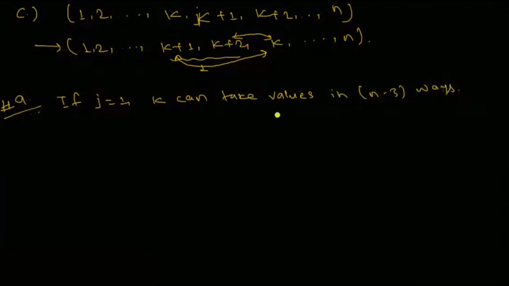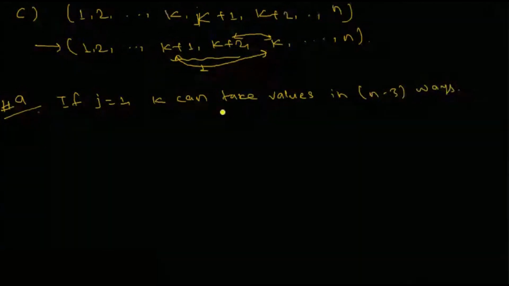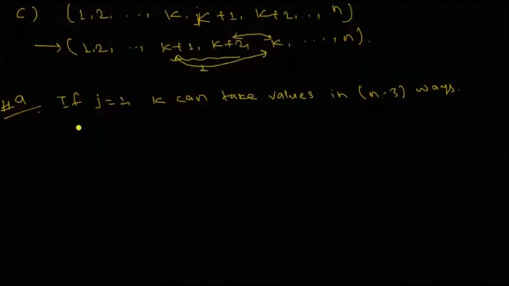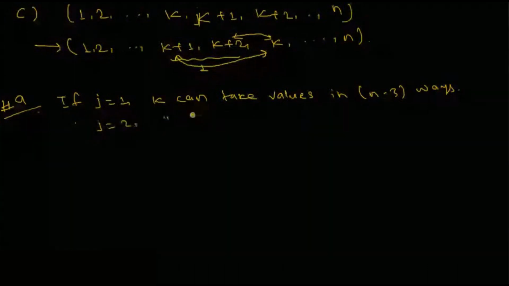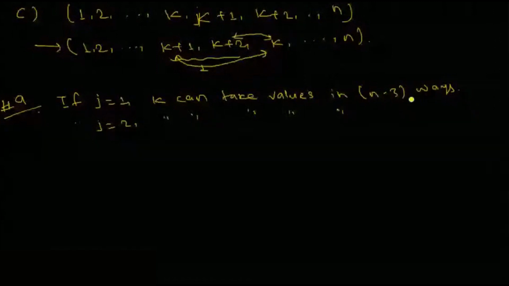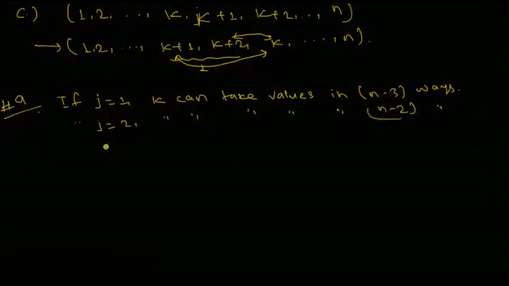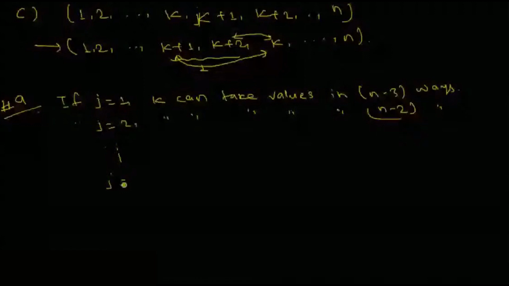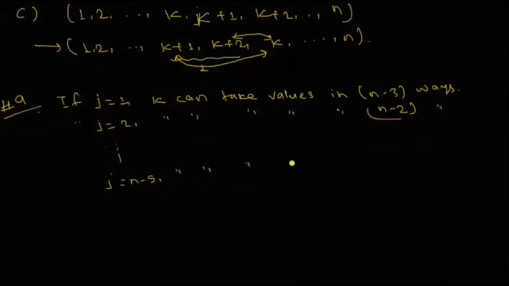Because it can take values from 4, 5, 6 up to n, right? Similarly, if j is equal to 2, k can take values in n minus 2 ways, right? And similarly, if j is equal to n minus 5, k can take values in exactly one way.